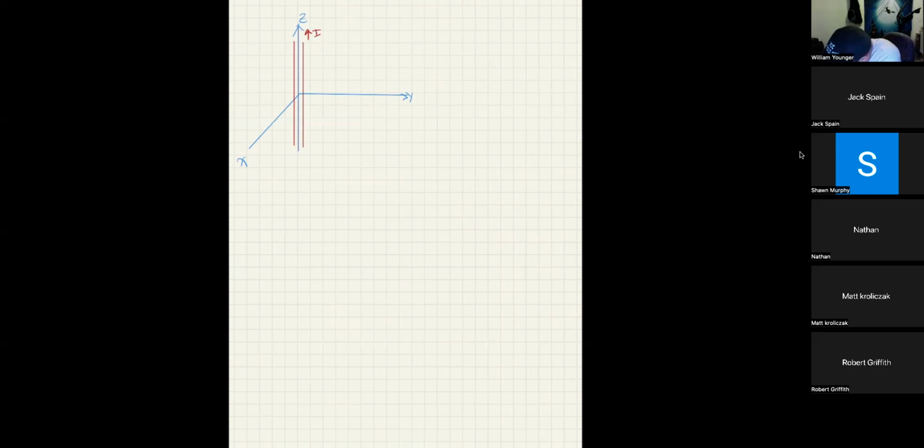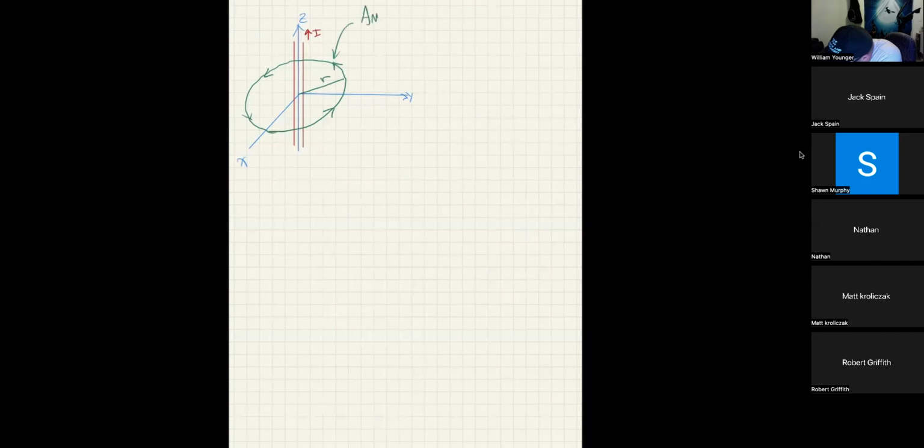So what I'm going to do is make an Amperian loop, is what they call it, that looks roughly like that, and I'm going to integrate around it in that direction. Okay. I'm going to say it has a radius r.